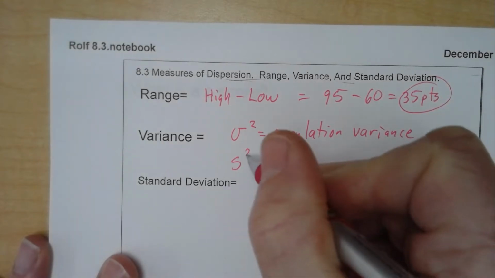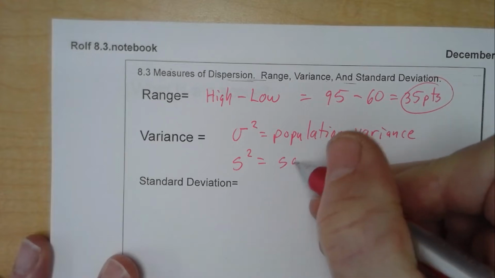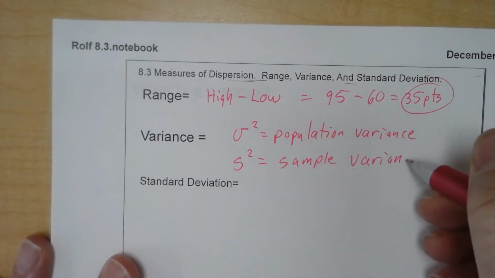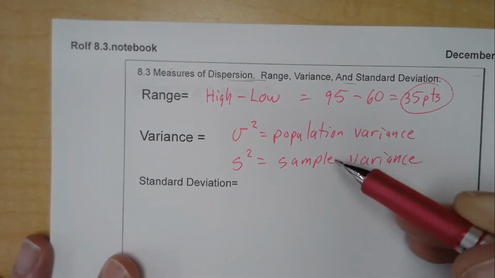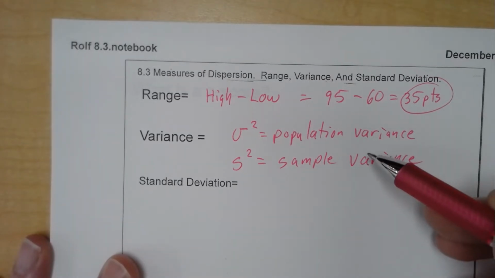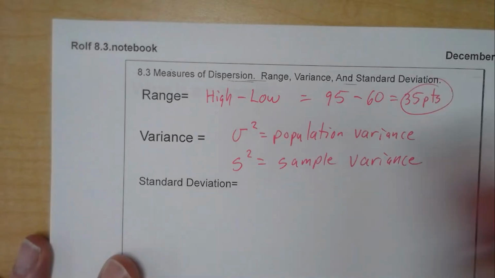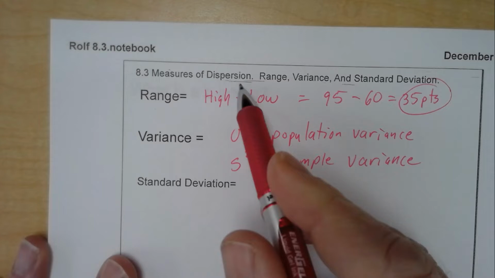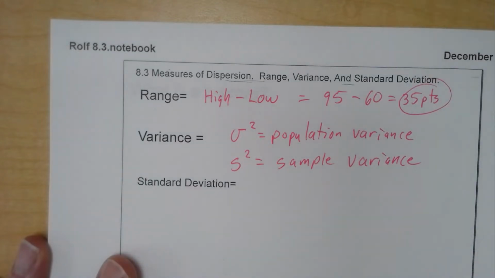Then s squared is the sample variance. So basically, you think about how it varies, how it is spread out. That's dispersion: how the data is spread out. They use those fancy words, but that's what it means.